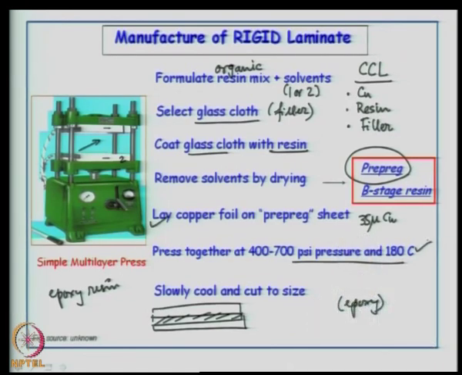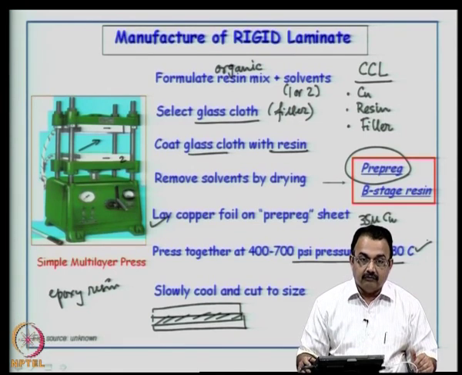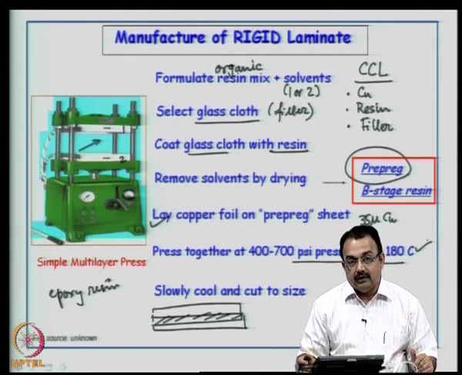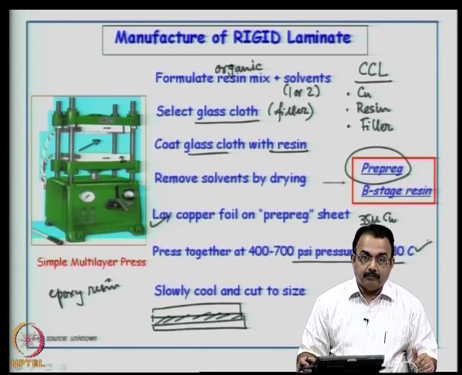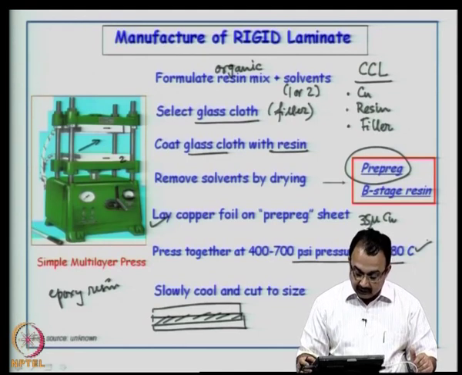And the timing is also very important, and as I said previously, the heating has to be slow as well as the cooling has to be controlled. You can't ramp up the temperature quickly to the required final temperature and remove it out of the multilayer press, giving it a thermal shock. This will affect the physical properties of the copper clad laminate.